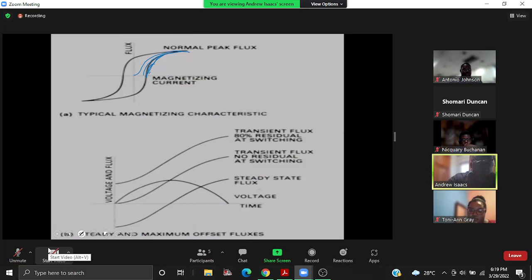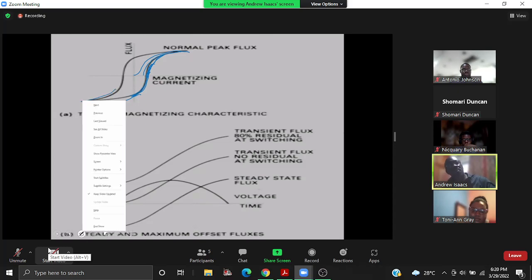In reversing the flux, that's the amount of current required to reverse the flux, and you continue there. And then when you go back up, you're increasing.